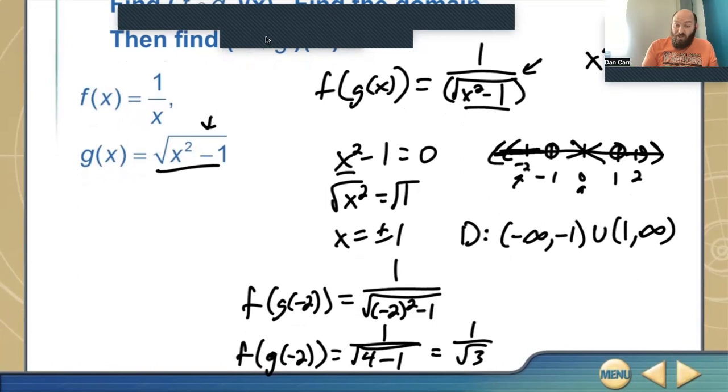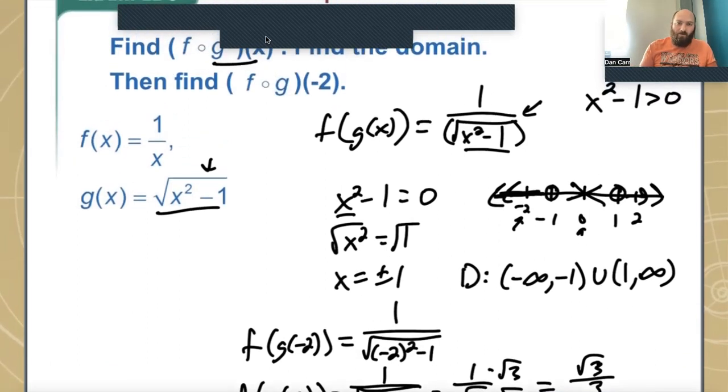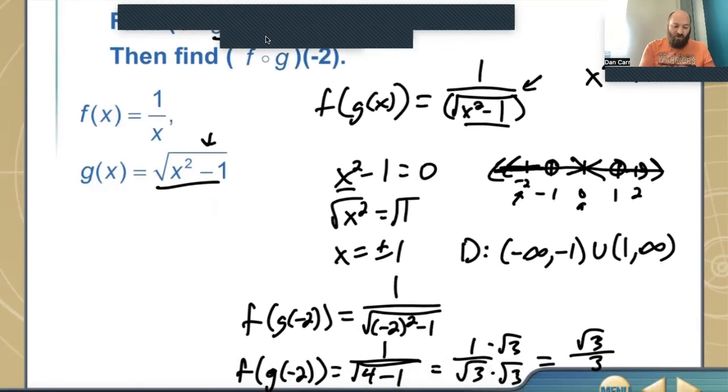Lots of times we'd like to rationalize the denominator, so let's get back in the habit of that. We multiply by √3 over √3, so my output is going to be the square root of 3 over 3. There. So we found f of g of -2. We have our domain. This problem is finished.